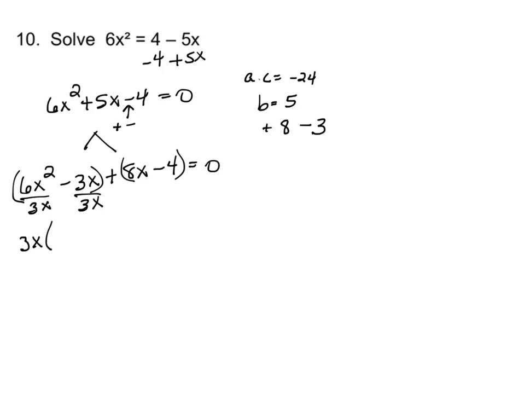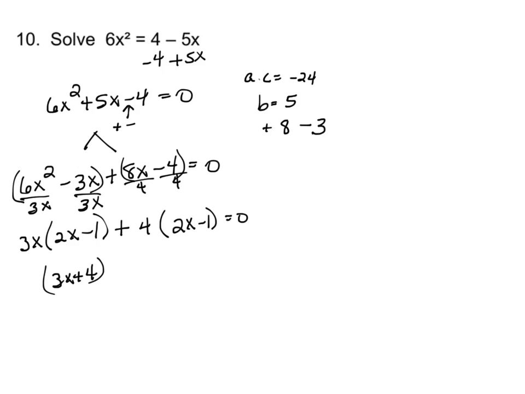And when you do that division, you have 2x minus 1, plus your greatest common factor there is going to be a 4 in the second set of parentheses. So when you do that division, you have 2x minus 1. And so your factorization is 3x plus 4 times 2x minus 1.